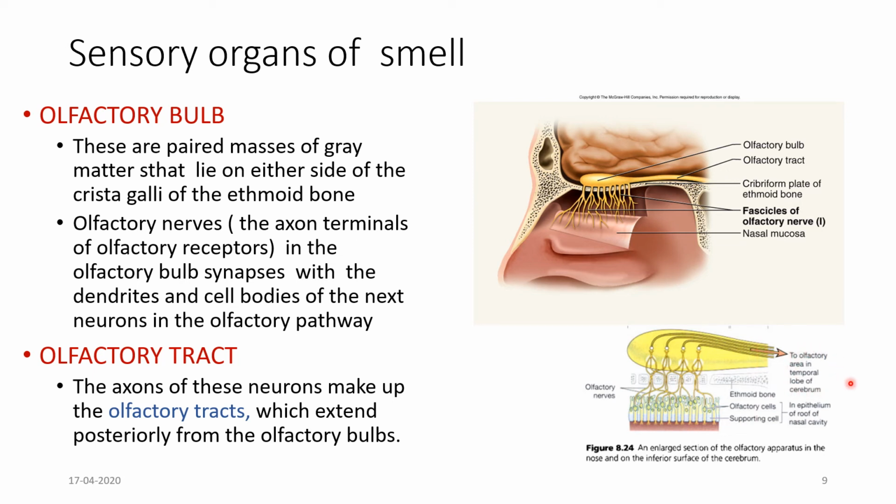So, now in this slide, you know what is the olfactory bulb and what is the olfactory tract and what happens to the olfactory nerves, where they will relay in the olfactory bulb neurons and from which the olfactory tract starts.